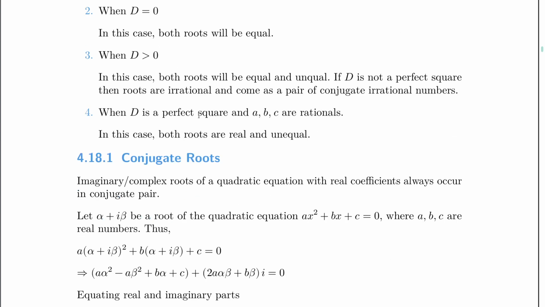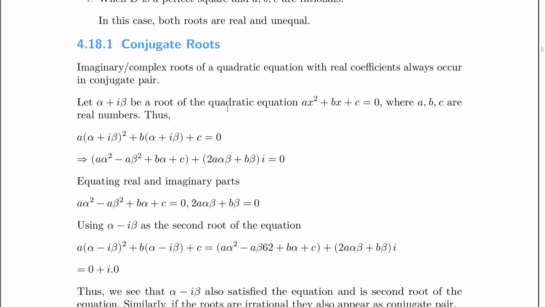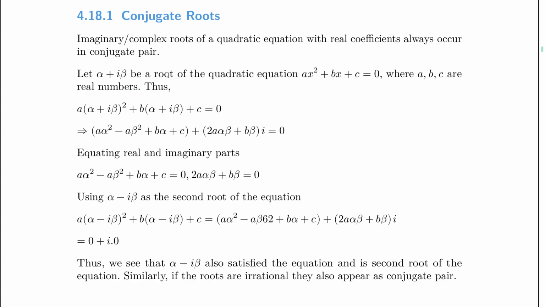Now, if D is a perfect square and a, b, c are rationals, then both the roots will be real and unequal. Now, we'll look at conjugate roots.